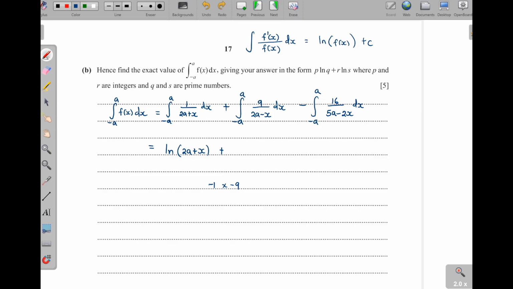So this operation I've done on my differentiation is what I'm going to put in front of the natural log of the denominator. So I will have negative 9 natural log of this 2a minus x. Or if you want, you can put this one here, and then you have something like this, 1 over the 2a minus that. You get that?